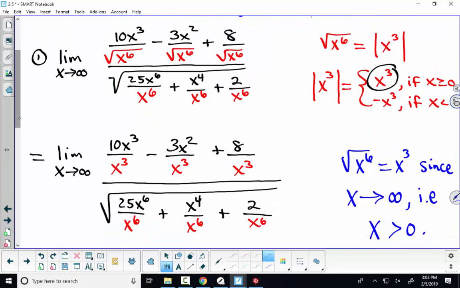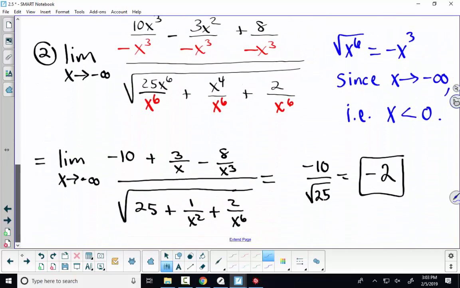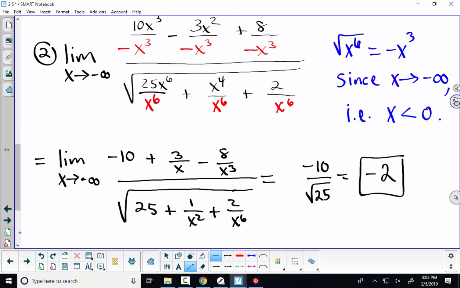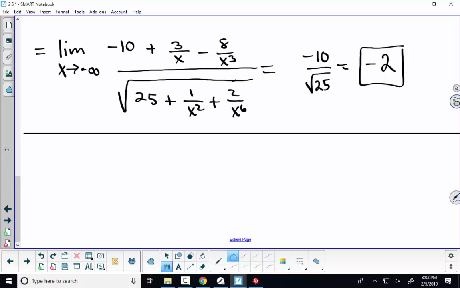So that was the long way. The short way was more or less where we said, well, just look at the leading term, or the highest power on top and the highest power on bottom. All of those lesser terms, as we see, they don't matter. They're inconsequential. I guess we could call this the easier way, but you still have to remember the positive negative stuff. There's really no way around that.